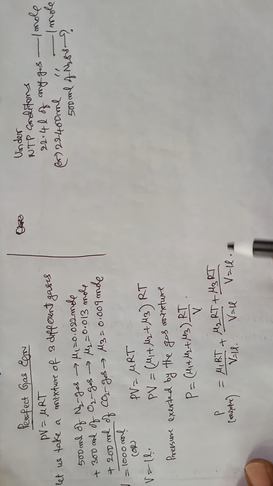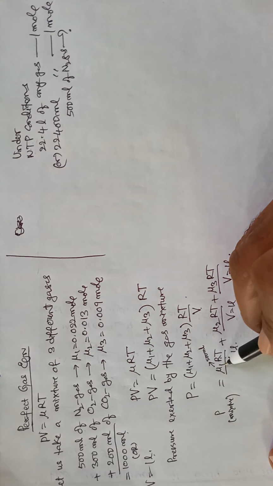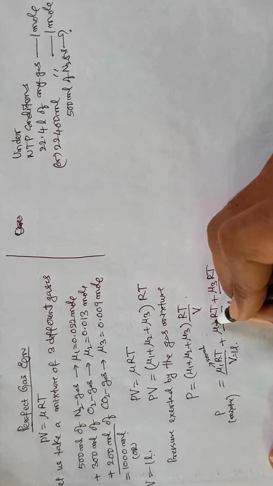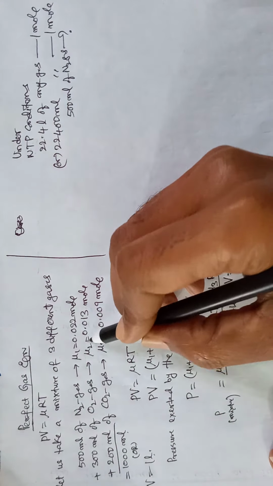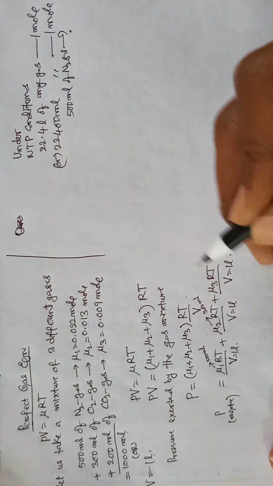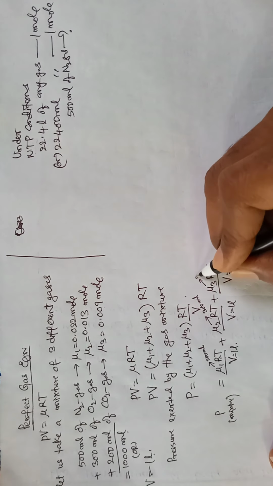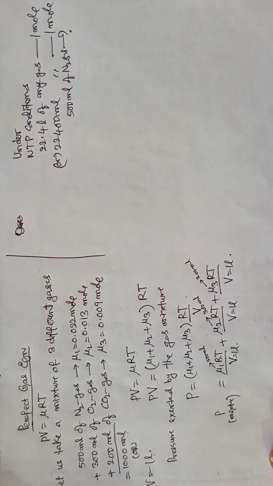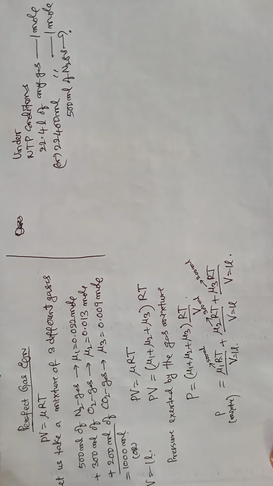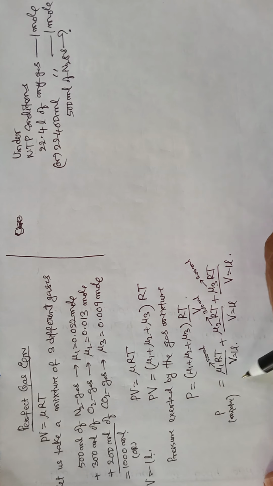Here the mu1 value is for the 500 ml of nitrogen gas. Here the mu2 value is for 300 ml of oxygen. And here the mu3 value is for 200 ml. But in the denominator you are taking 1 liter volume. So now see, this term represents the pressure.